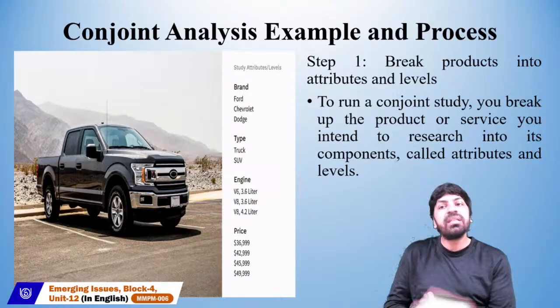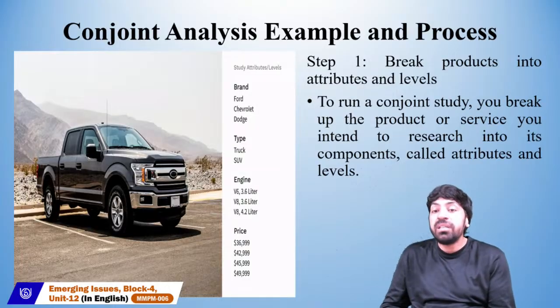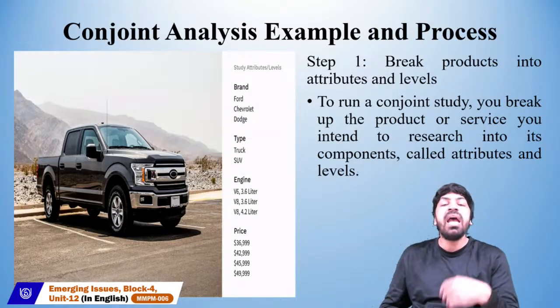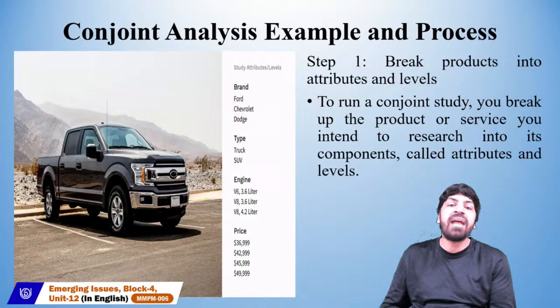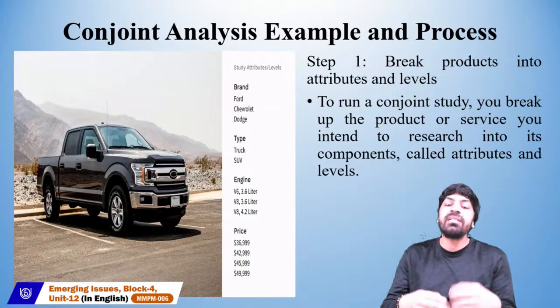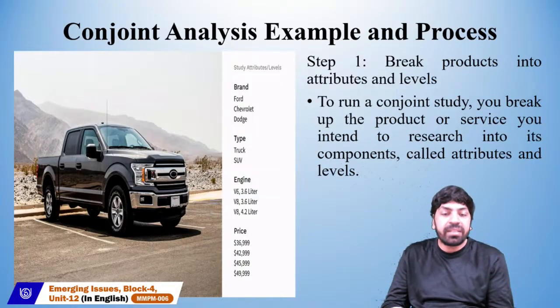To conduct a conjoint study, you have to break up the product or service that you intend to research into components. So if I have taken the three brands, I have to break each such brand into type, engine, and price, and accordingly I can research into all of these aspects.